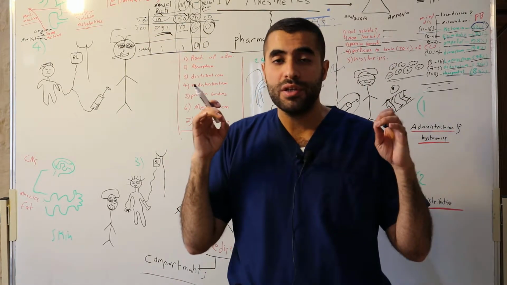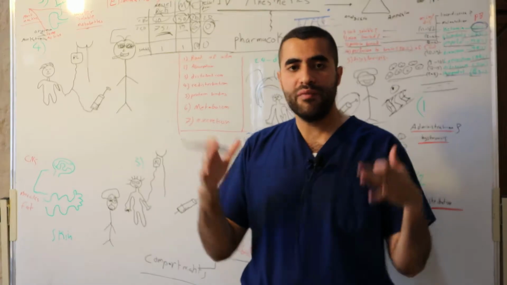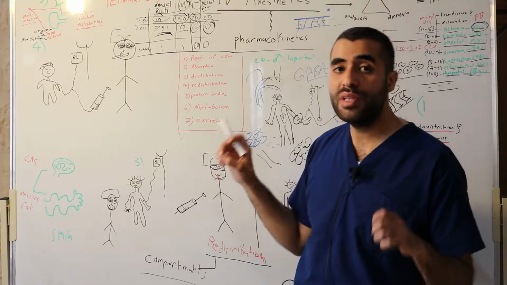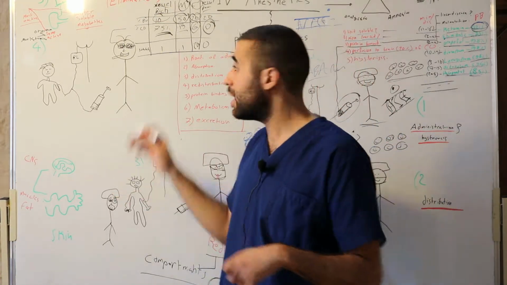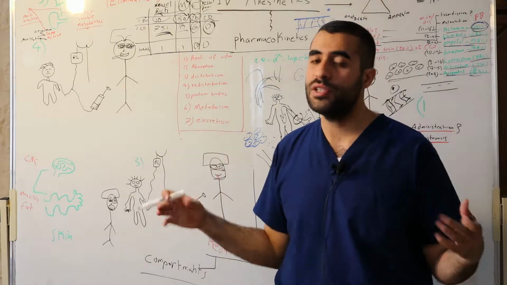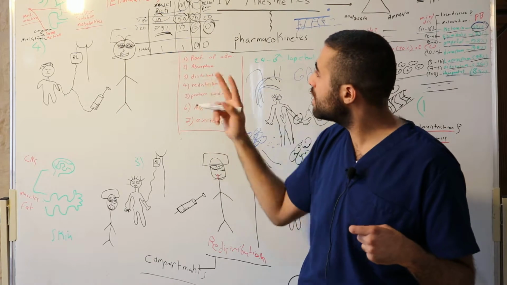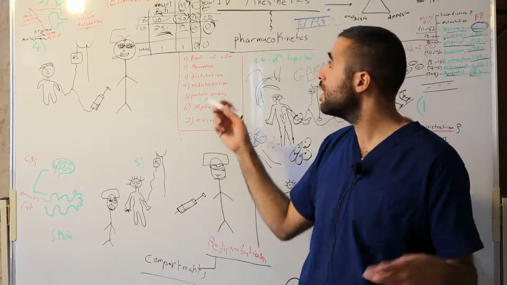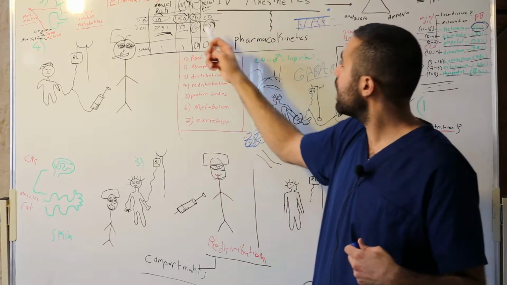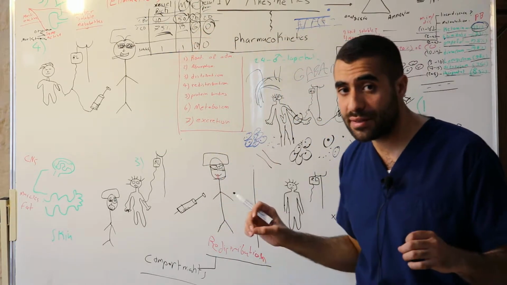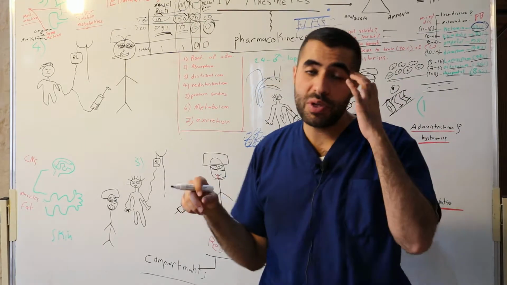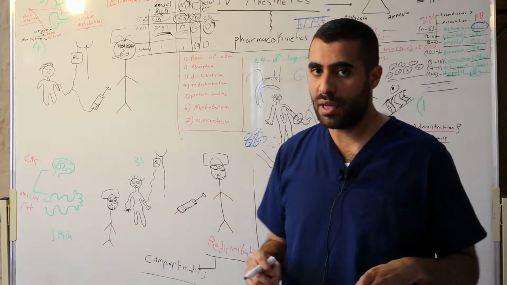Although they have a very small percentage of body weight, the blood supply to these organs is the most. They have about 75% of the blood supply to the body. The muscle, which is the second group of this classification, constitutes about 50% of the body weight, but has only about 20% of the blood supply.